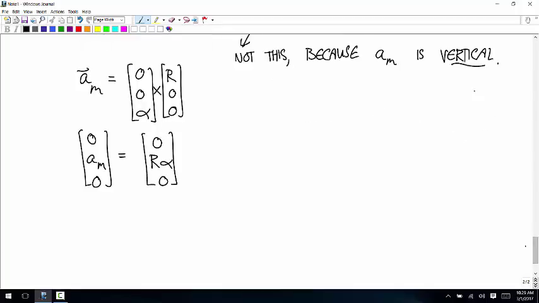And so that gives us a fourth equation that says a sub m minus r alpha is equal to 0.